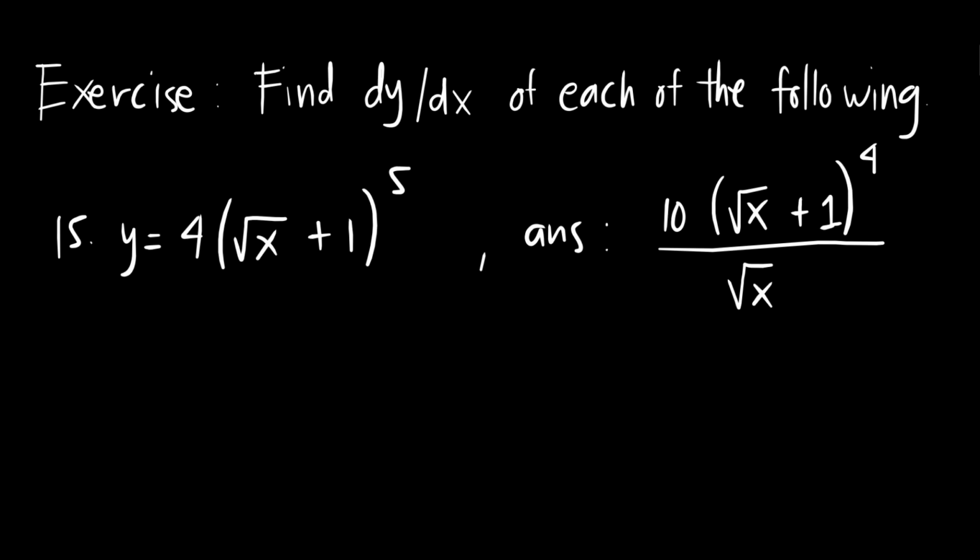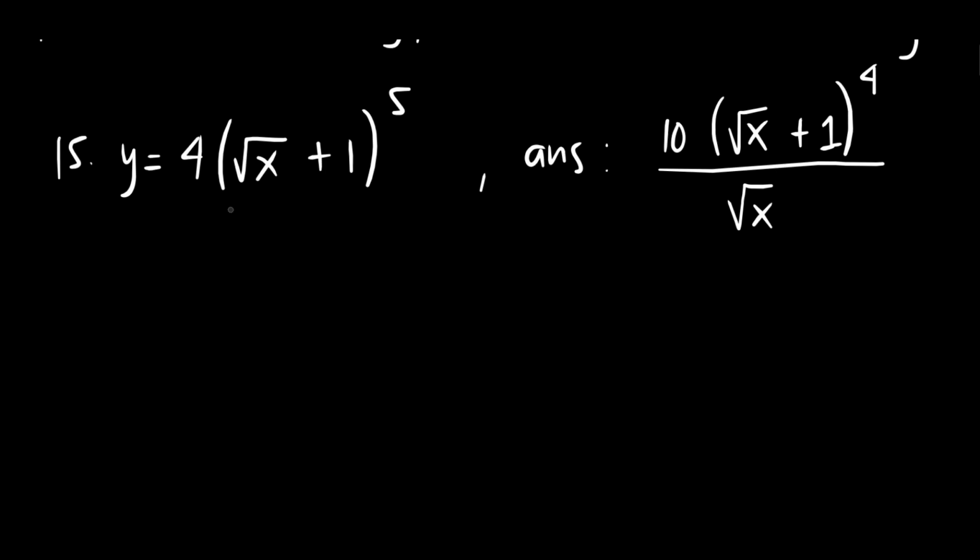So y is equal to 4 multiplied by (square root of x plus 1) raised to the power 5. So we have y prime, power rule, 4 multiplied by 5, just copy the inside, square root of x plus 1, raised to 5 minus 1.